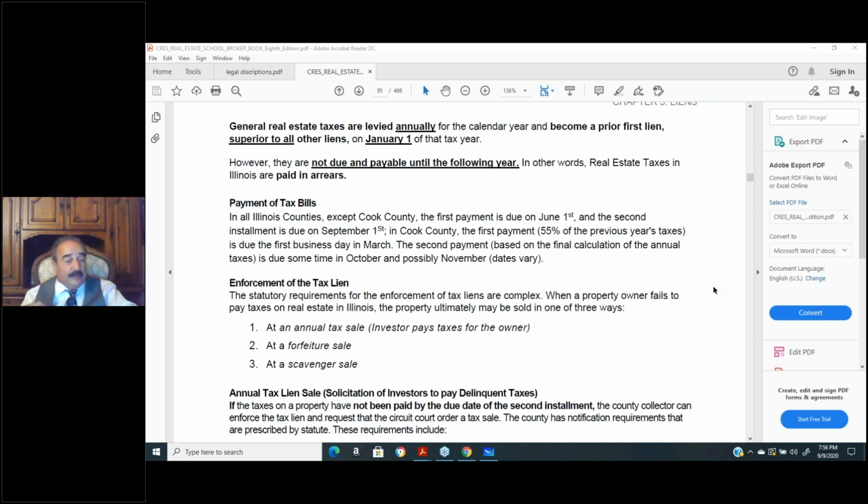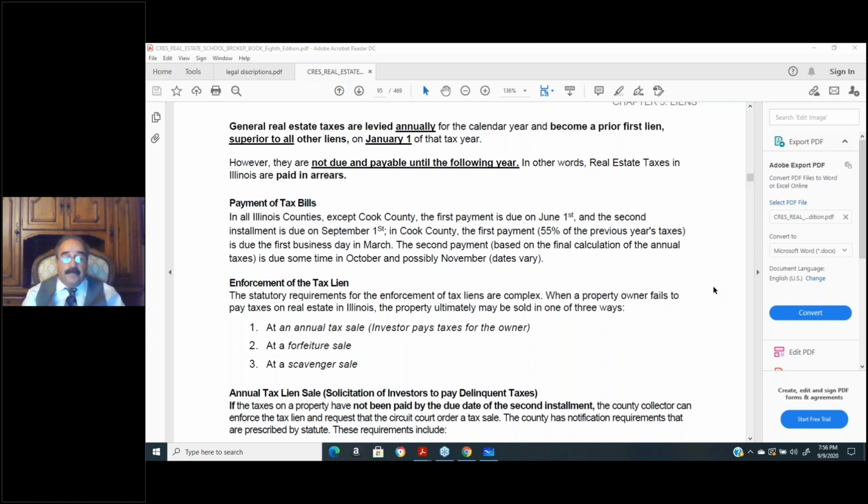So you don't even occupy the property. I have 2 years for anyone that bought my property taxes to redeem my property by paying you back. Every property owner in the state of Illinois has that right.